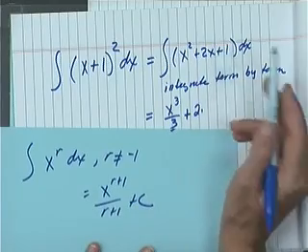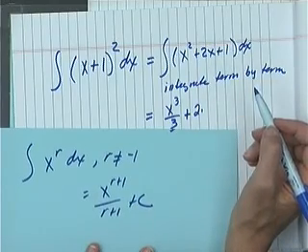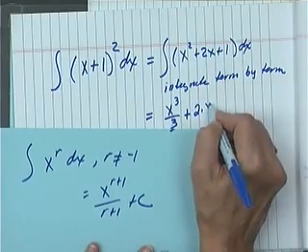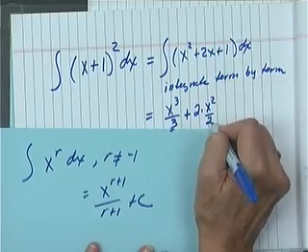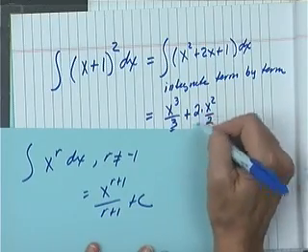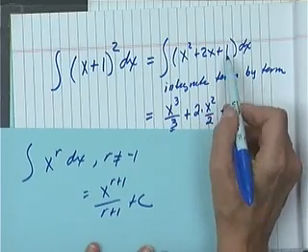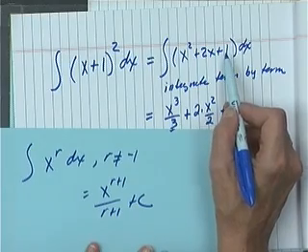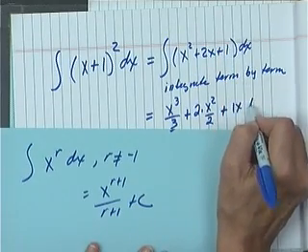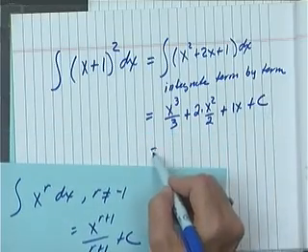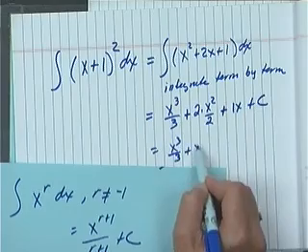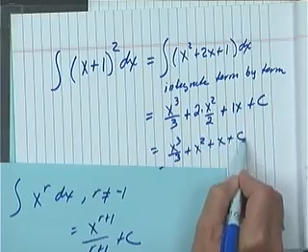If you integrate x to the first, what are you going to get? x squared over 2, right? Which I know the 2's will cancel out there. Plus, if you integrate 1, x plus c. So it simplifies to x cubed over 3 plus x squared plus x plus c.